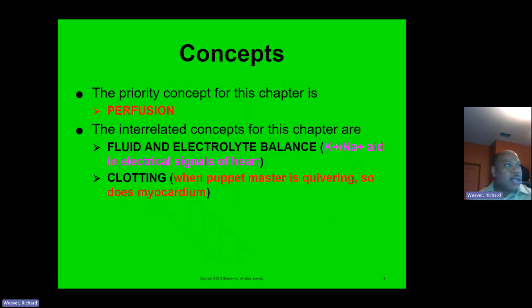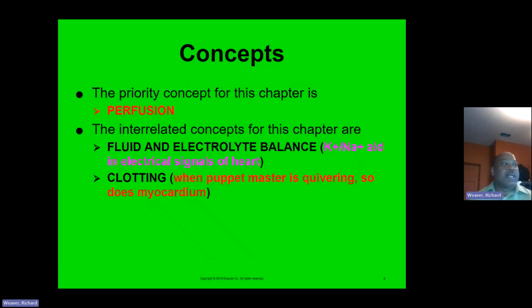Now, as far as the concepts here, we're still back to perfusion. The priority concept for this chapter is perfusion, because if the heart rhythm is off, if the patient is experiencing a dysrhythmia, then perfusion is going to be altered.